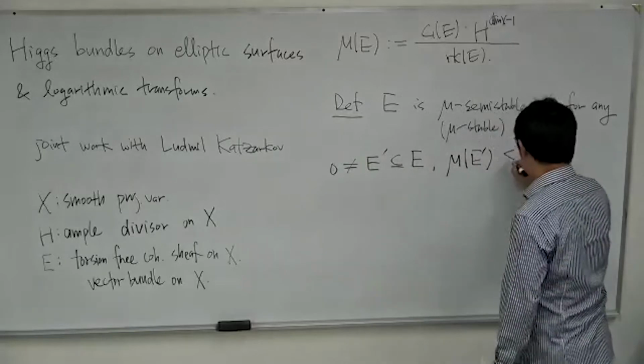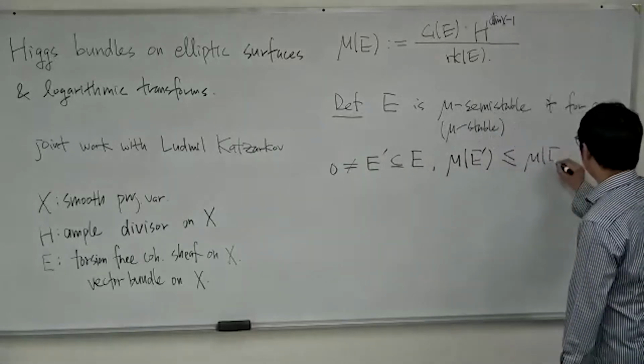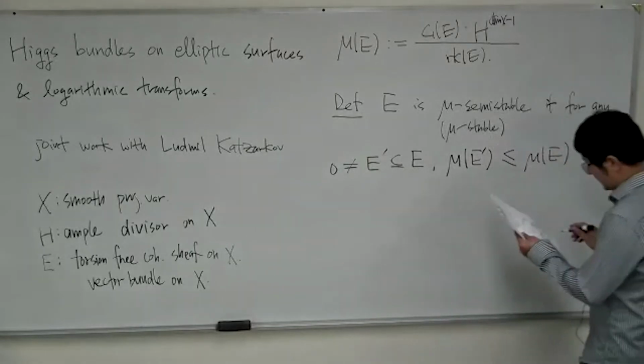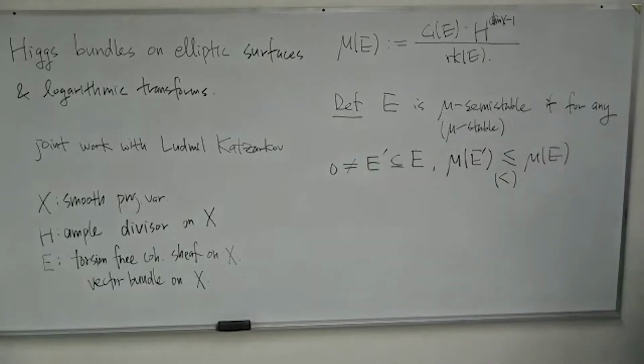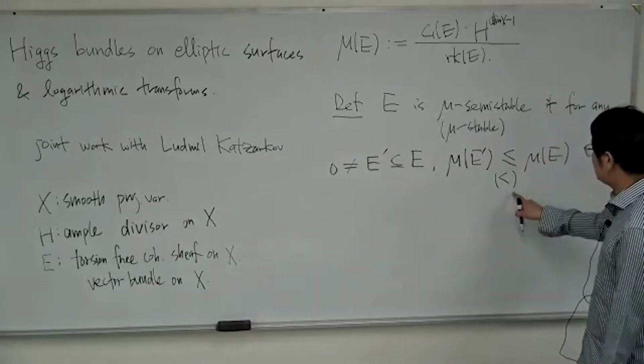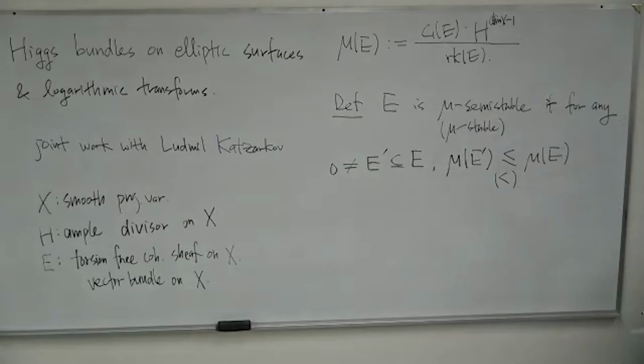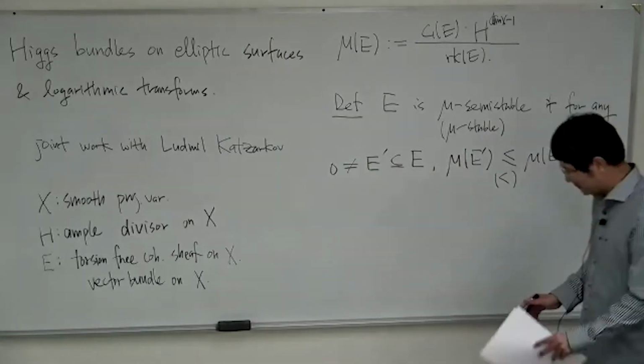So if this is true for any non-zero subsheaf, then we say this is mu semi-stable. And when this strict inequality holds, then we call this mu stable, as is well known.